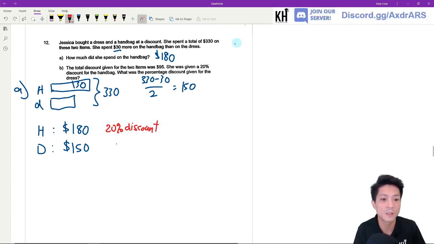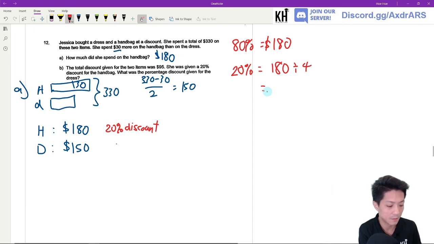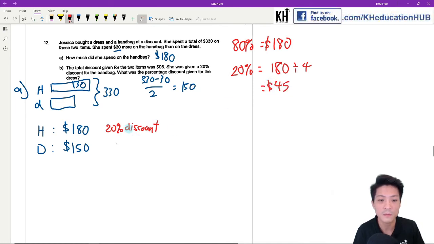Now I'm gonna find out what is the amount that's discounted. Okay, 80% is equals to $180. To find 20%, I just need to use 180 divided by 4. Okay, it's gonna give me $45, which means that the amount discounted for the handbag is $45.